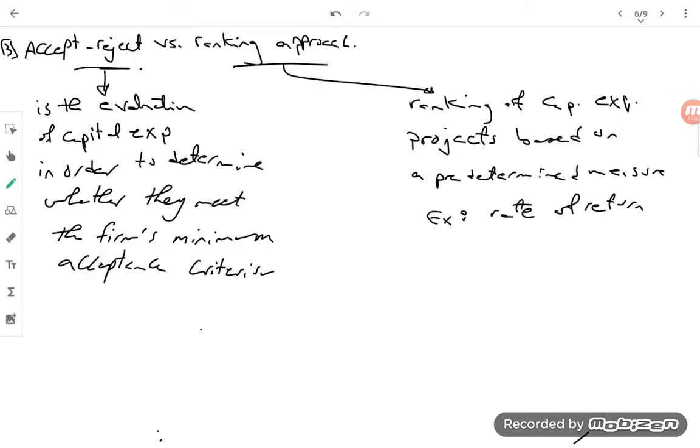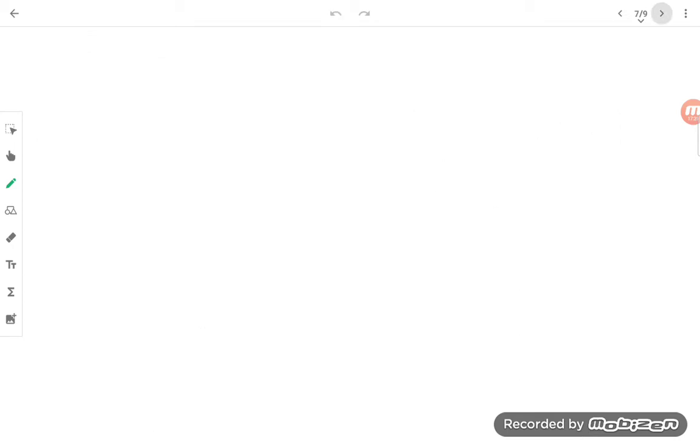Okay, let's start with an example about capital budgeting techniques in order to be able to apply the techniques that will be used in our lecture. Bennett Company is a medium-sized metal fabricator that is currently contemplating 2 projects.